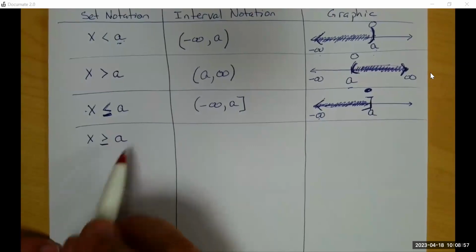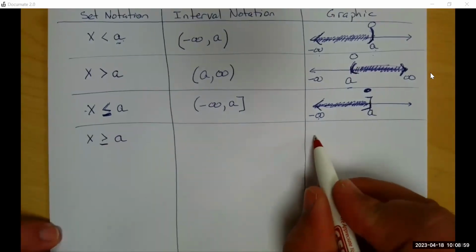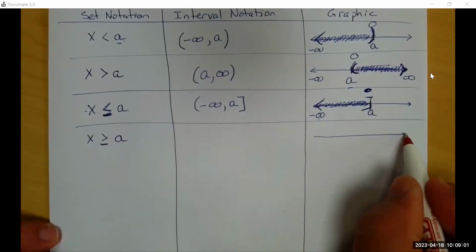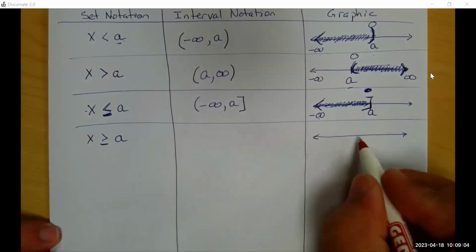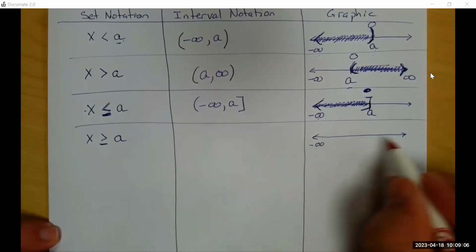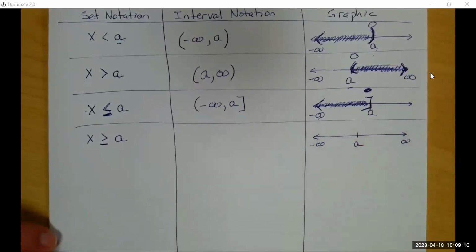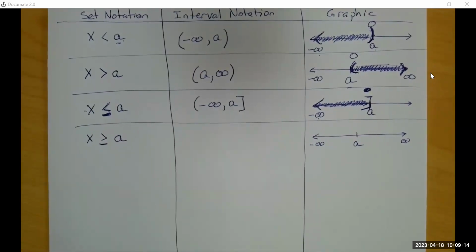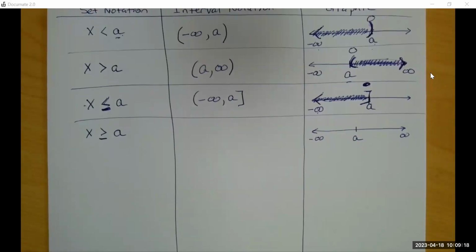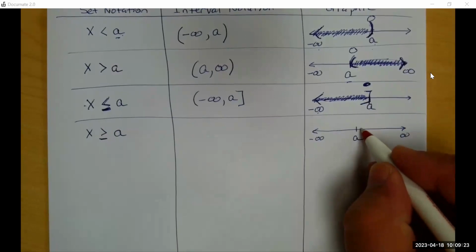X is greater than or equal to A. So there's negative infinity, positive infinity, and here's our number A. If it's greater than, that means it goes to the right.